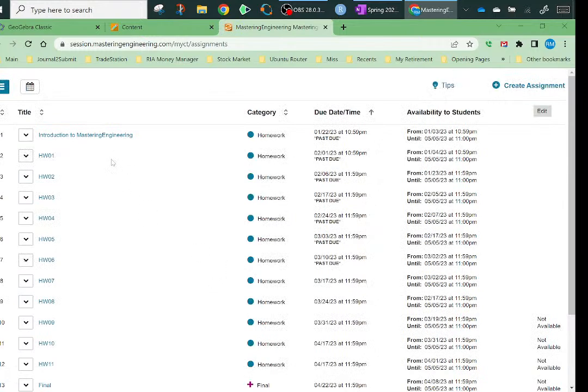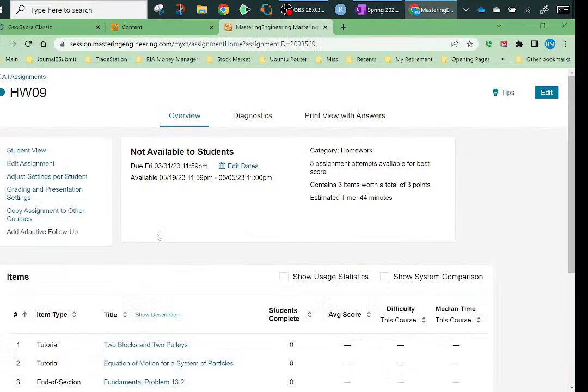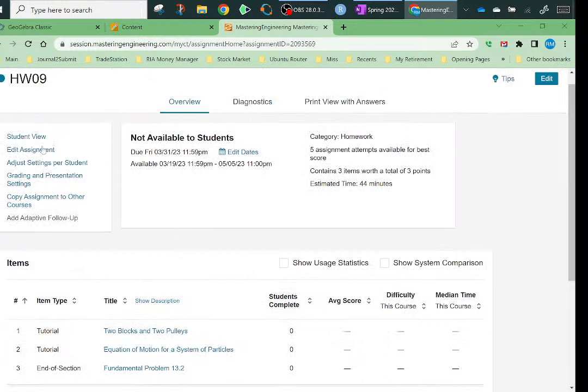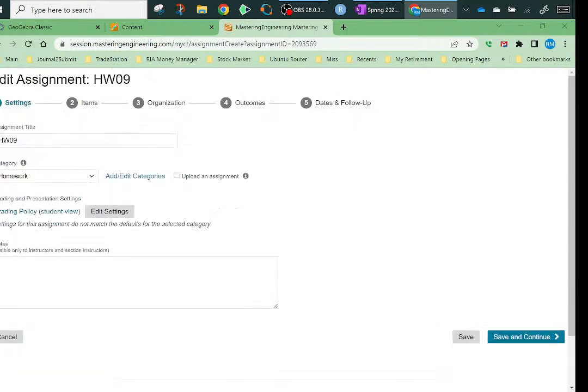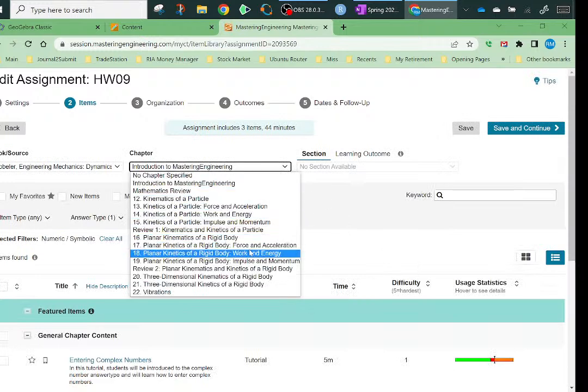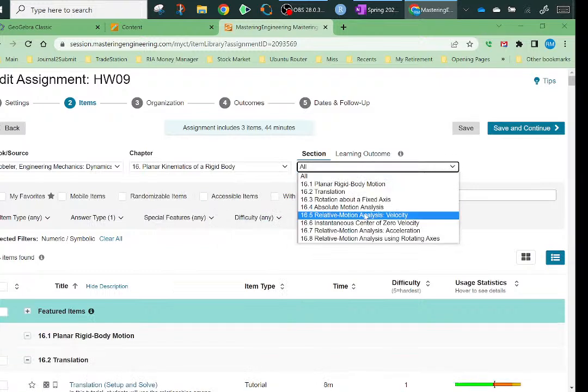Okay. You know, one of the things I could do. Oh, these are all there. What's in 9? Oh, God. That's in chapter 13. But I could add one there. I could put it in there. Let's see. Edit assignment. Let me just do that. And I'll go find. Okay, yeah, that's homework done. Let's go find 16. Section. Oh, it may have to populate.